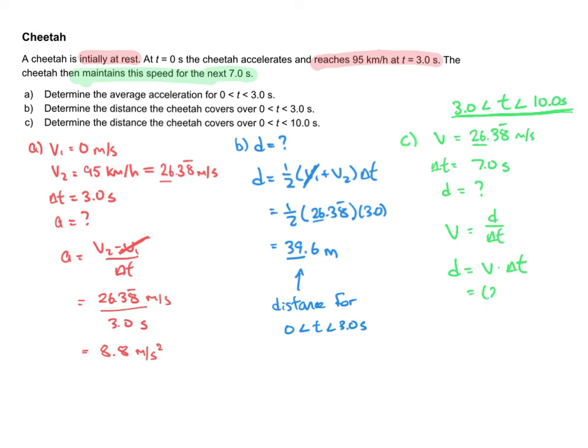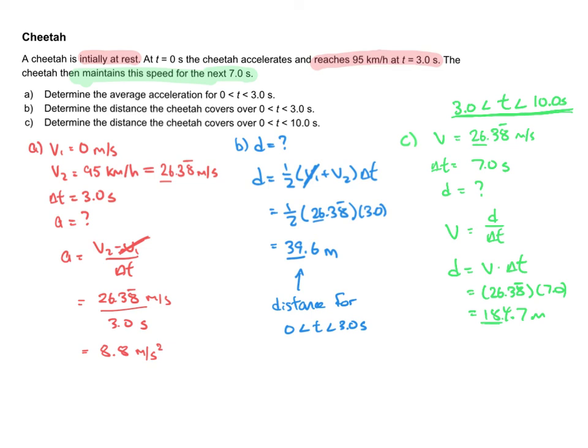Substitute the values. Put that in the calculator. Giving me 184.7, which would be to 2 sig figs.